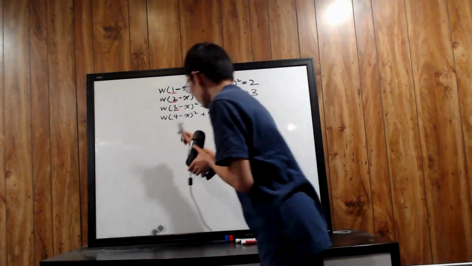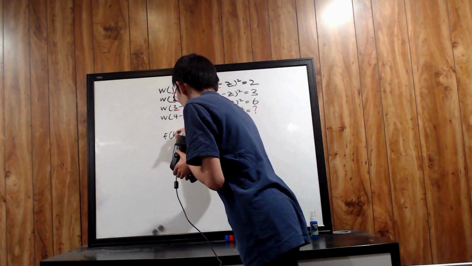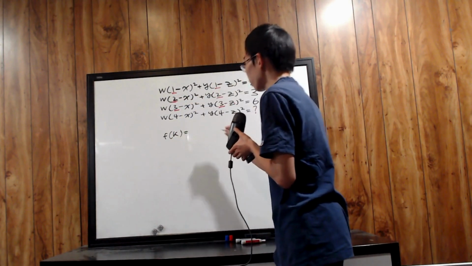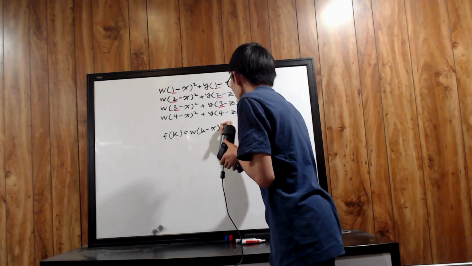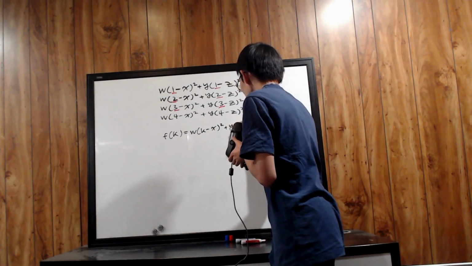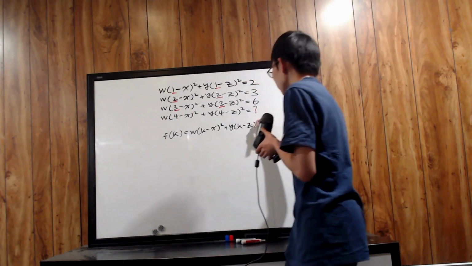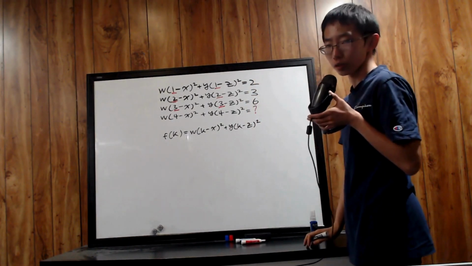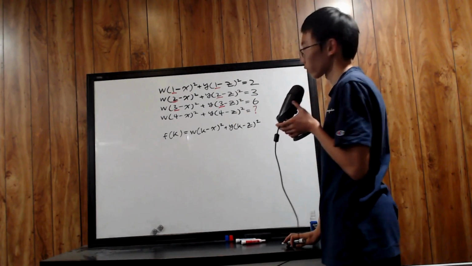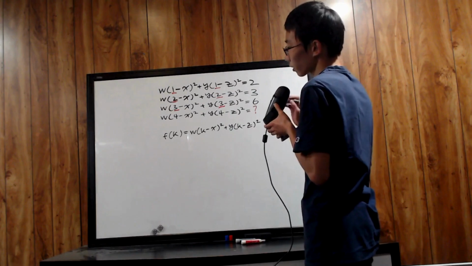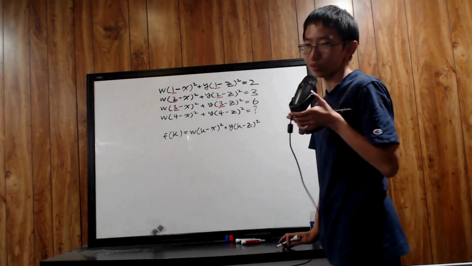We'll let the function f of k be equal to w times (k minus x) squared plus y times (k minus z) squared. Alright? So we see that when k is equal to 1, we get this first equation. When k is equal to 2, we get the second equation. And when k is equal to 3, it's this third equation.